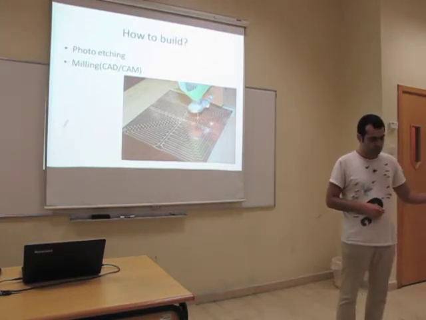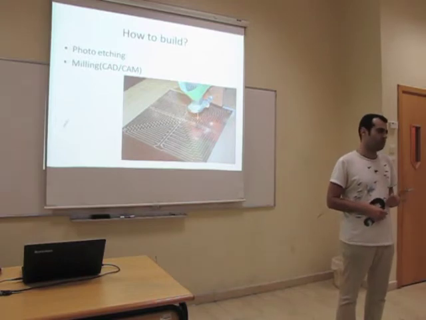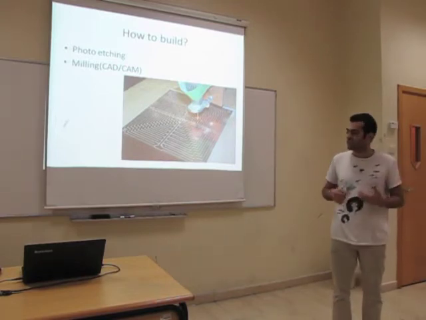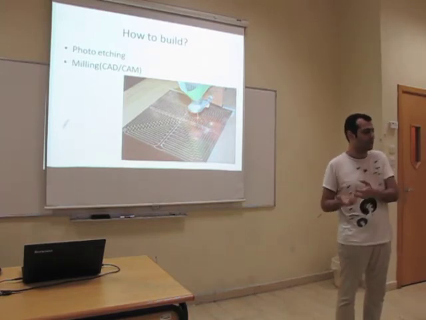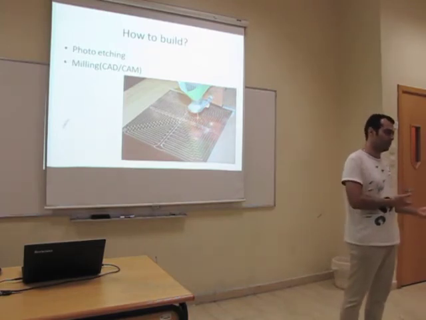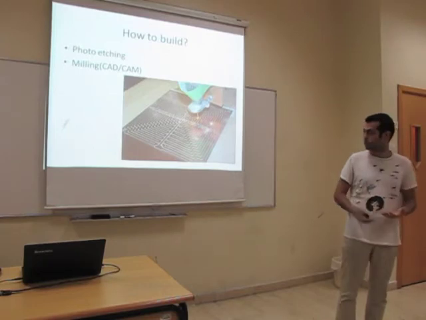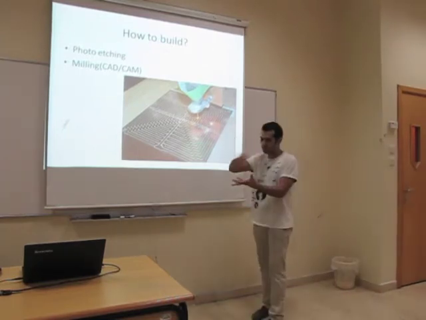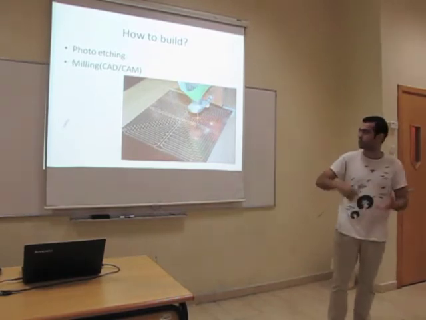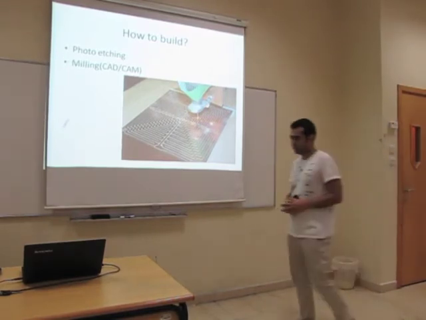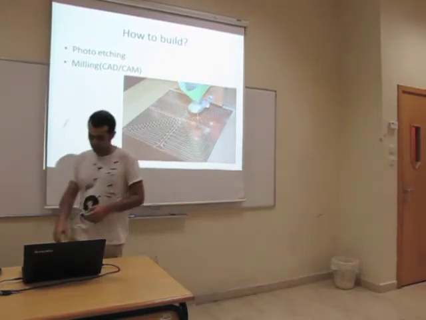We do some machining. We remove the parts we don't want by some mechanical action. There are tools like this, you see, that remove the things we don't want, and at the end give you the final product.